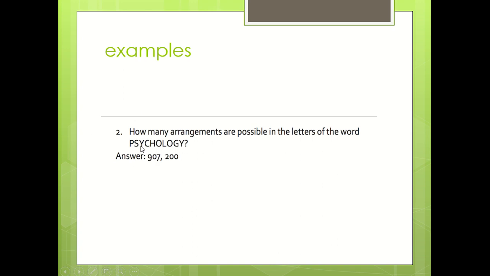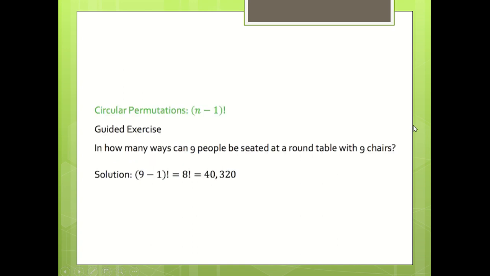We have two Y's and two O's here, and the rest appear only once. So we have a total of 907,200. Please check using your scientific calculator.